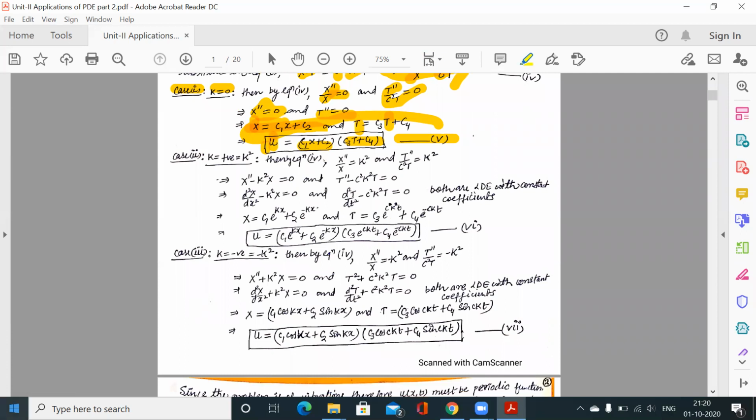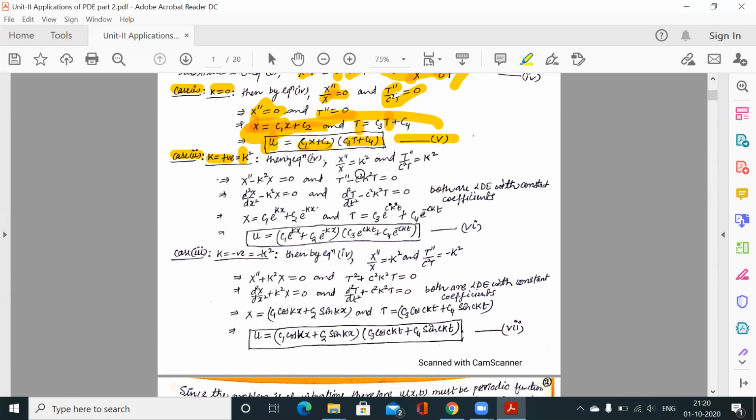Now suppose k is positive. So positive, it means now we have written this as k square. Why? I will describe this after a few steps. So this is the second case, the case when k is positive.